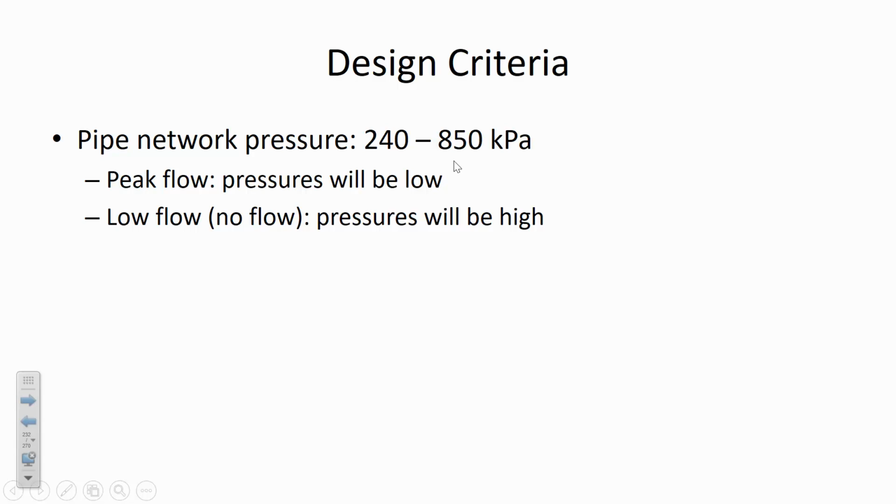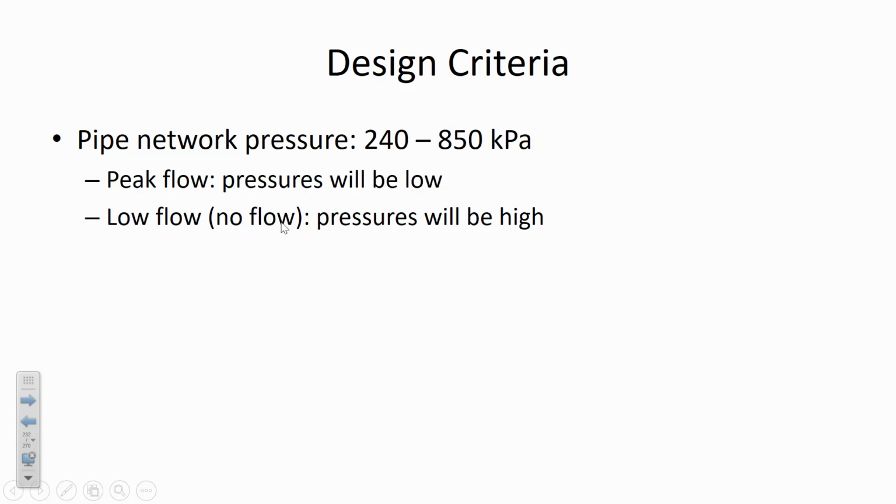And that tank pressurizes the network. So at night, when there's no demand, then essentially the pressure at any location is going to be largely dependent on how high above that pipe elevation is the water elevation.